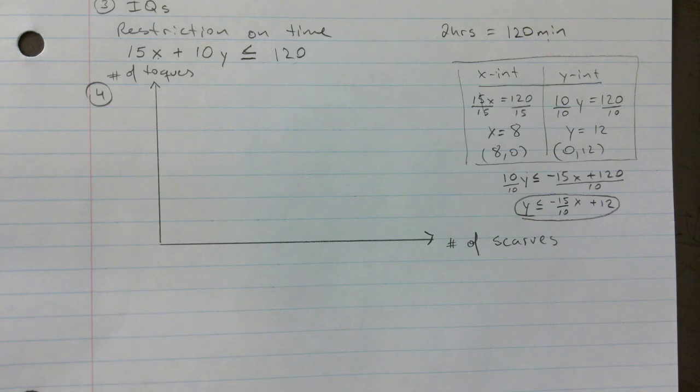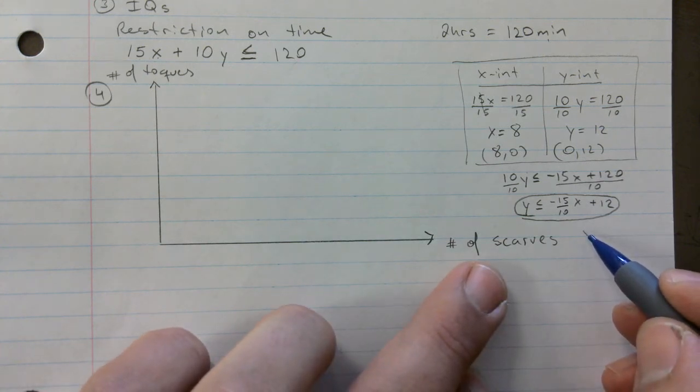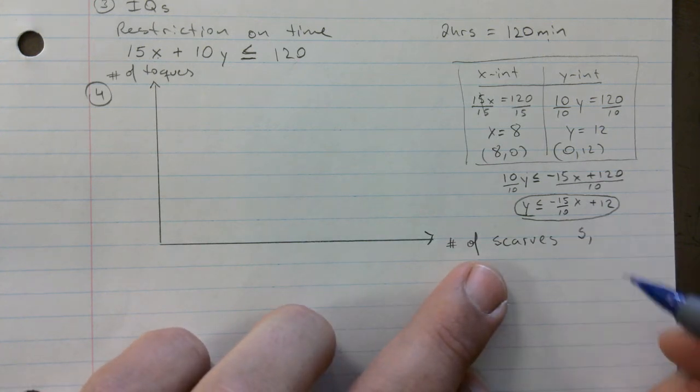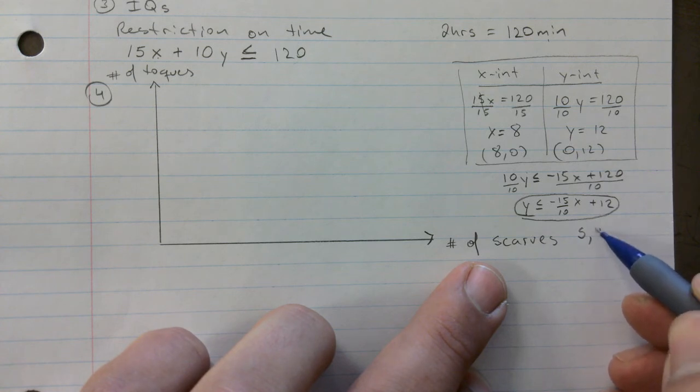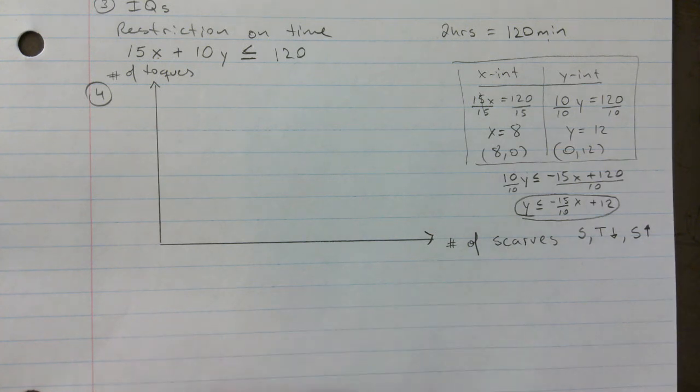I should have done this before I started my axes. I kind of got carried away a little bit. I apologize for that. So this is solid, and true is below, right? And so I will shade below.